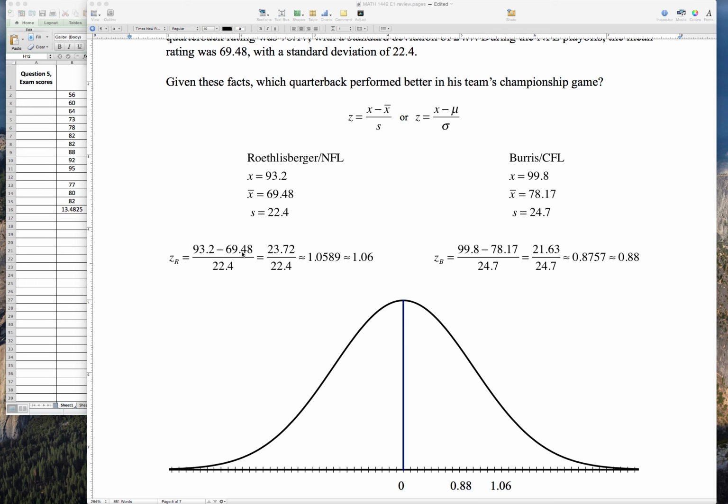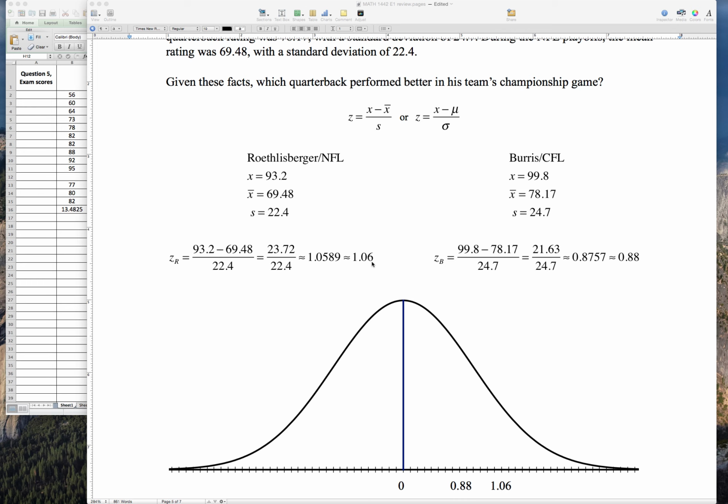And so when I subtract 69.48 from 93.2 and then divide by 22.4, that will be 23.72 divided by 22.4, and we get 1.0589 something, which, because this is a z-score, we round to 2 decimal places.